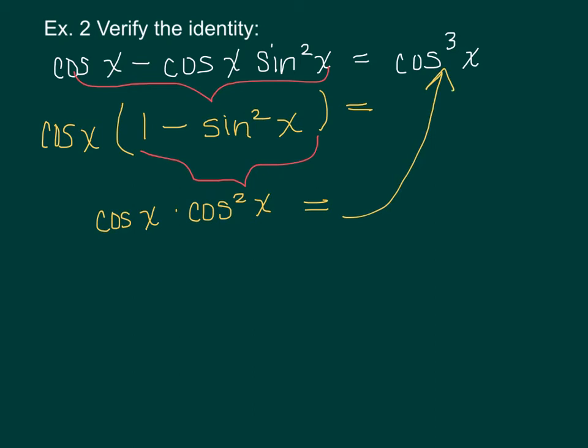To make a 3, all we have to do is multiply these two together. And we will have cosine cubed, because it's 2 here and 1 here. If you add them together, you get 3. And now, my left side looks like my right.